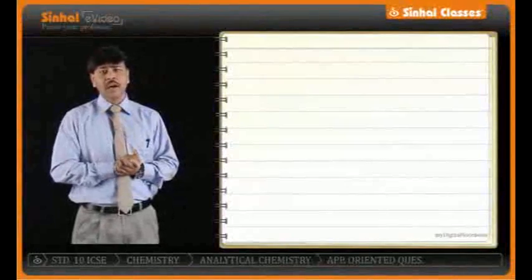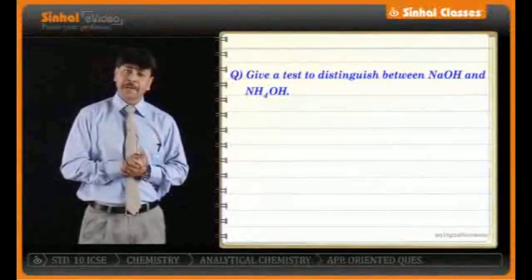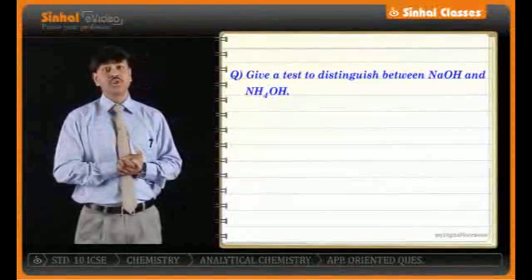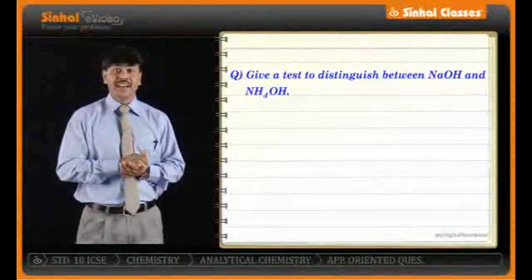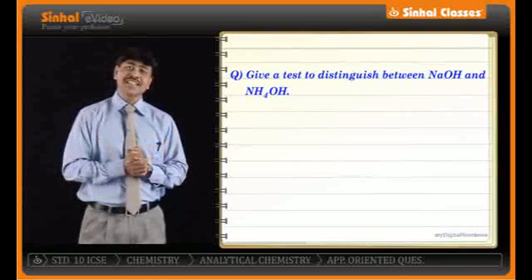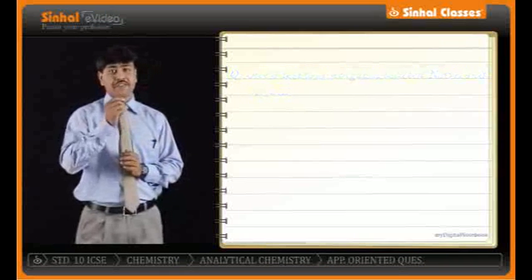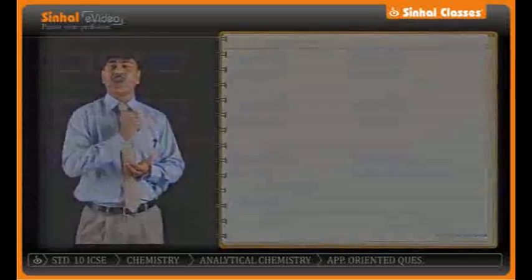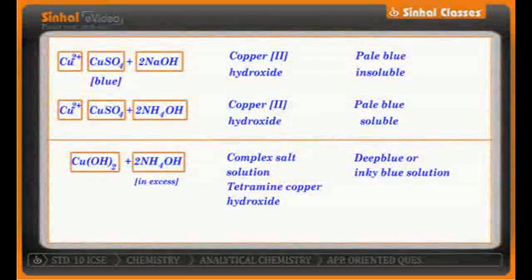They can also ask you, give a test to differentiate between sodium hydroxide and ammonium hydroxide. Then you can select any salt. Let's say for example, you select copper sulfate and put it in sodium hydroxide. You will get a pale blue color precipitate which will be insoluble in sodium hydroxide.